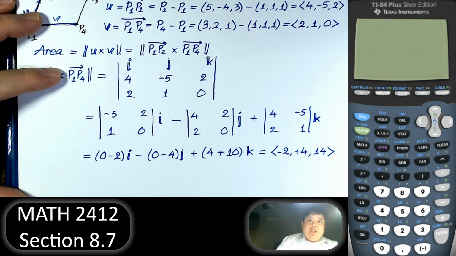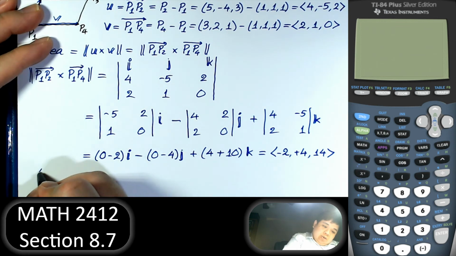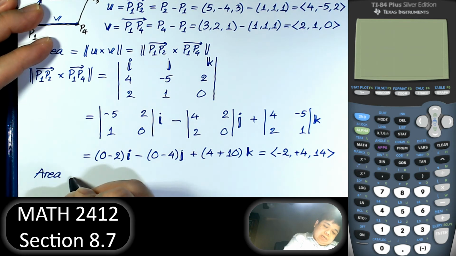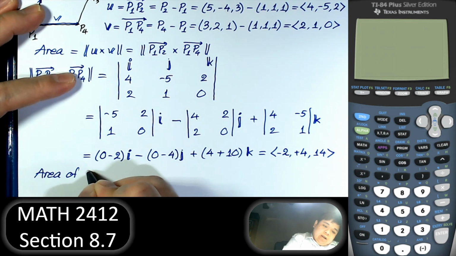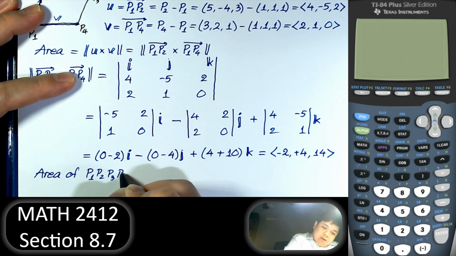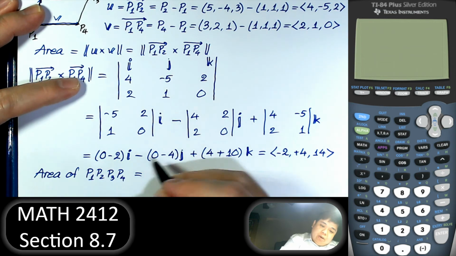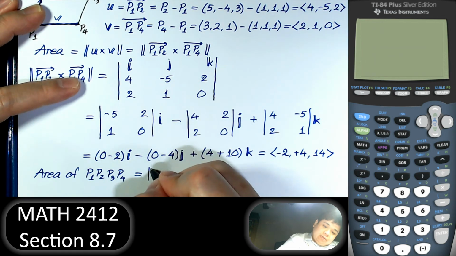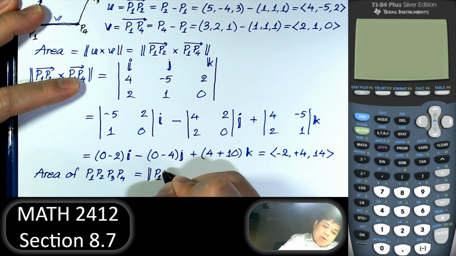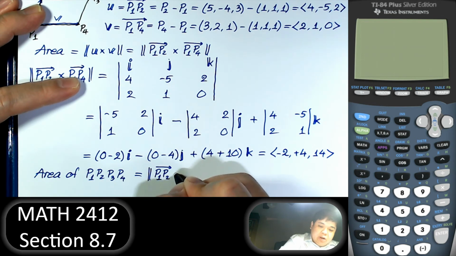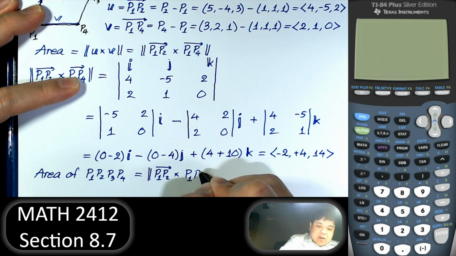Now we just find the magnitude of that. So the area of parallelogram P1, P2, P3, P4 is equal to the magnitude of P1, P2 cross P1, P4.